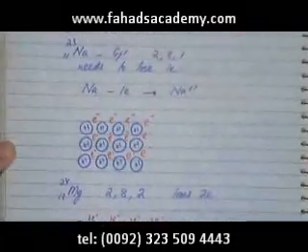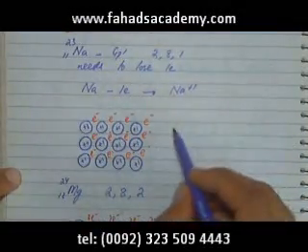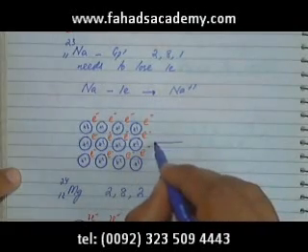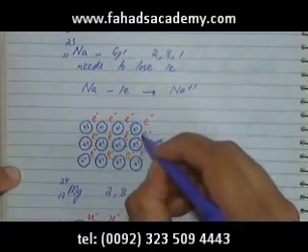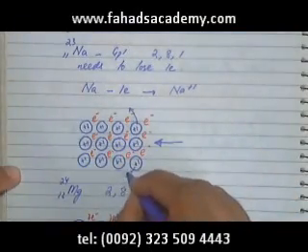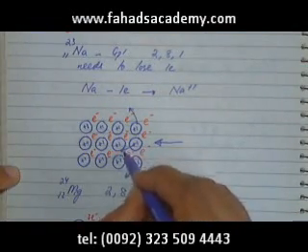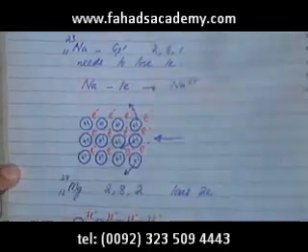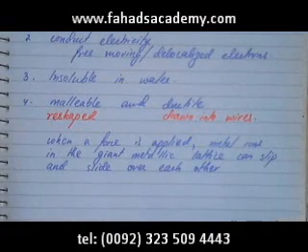I'll show you the diagram again. What we mean by applying a force is, let's say for example, a force being applied from this side. When a force is applied, these metal ions can move and slip and slide over each other. They can squeeze in between this one. So when a force is applied, they can slip and slide over each other, which is why they can be reshaped and drawn into wires.